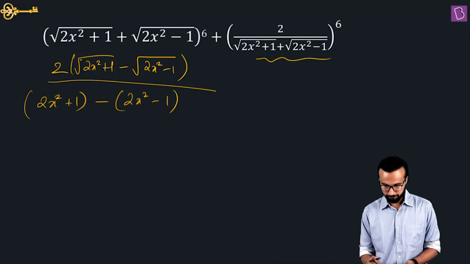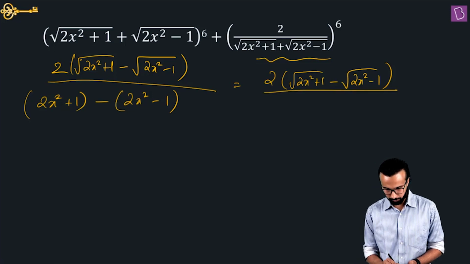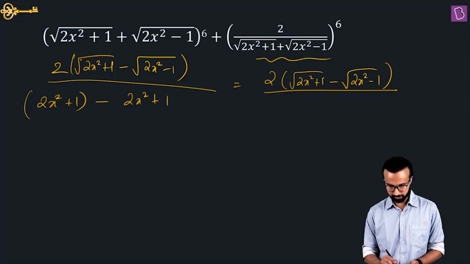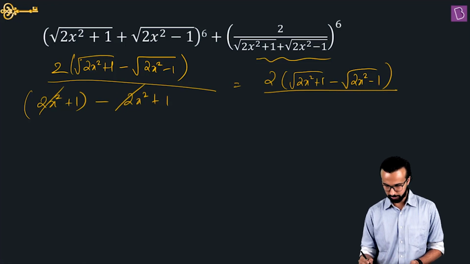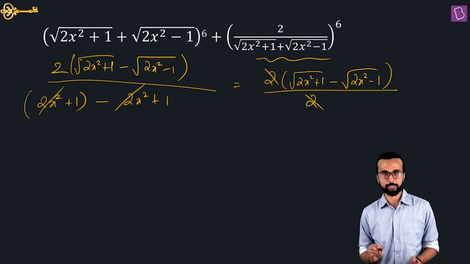So this becomes 2 into (√(2x² + 1) - √(2x² - 1)) divided by, what is this? 2x² and 2x² cancel out. This minus 1 becomes plus 1 when you remove the bracket. There's a plus 1 and plus 1, which become plus 2. And this cancels out with the numerator.